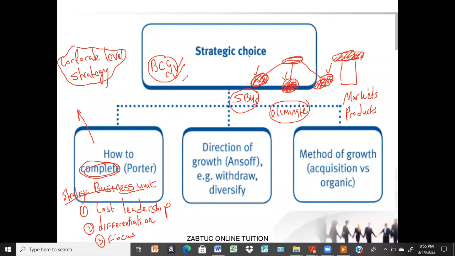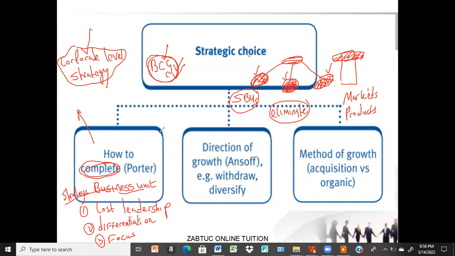So when it comes to portfolio theory, when the head office is deciding what investments to have in the group, we use the BCG matrix. Questions on corporate level strategy would also go with BCG. Do you remember our BCG matrix? Yes, we do. Good. That's a portfolio theory analytic tool that we can use.